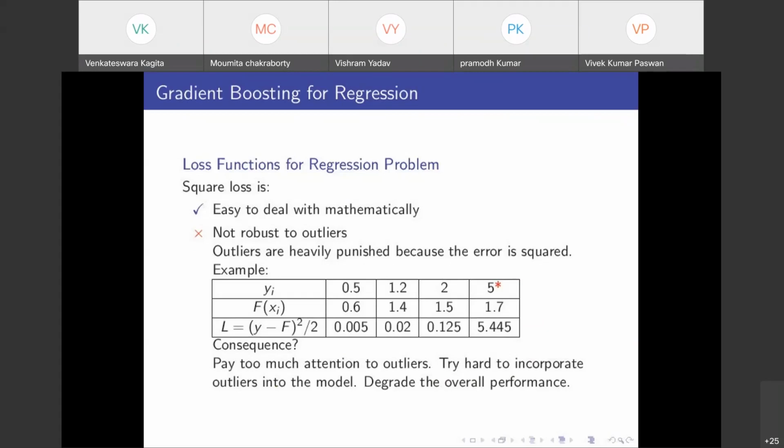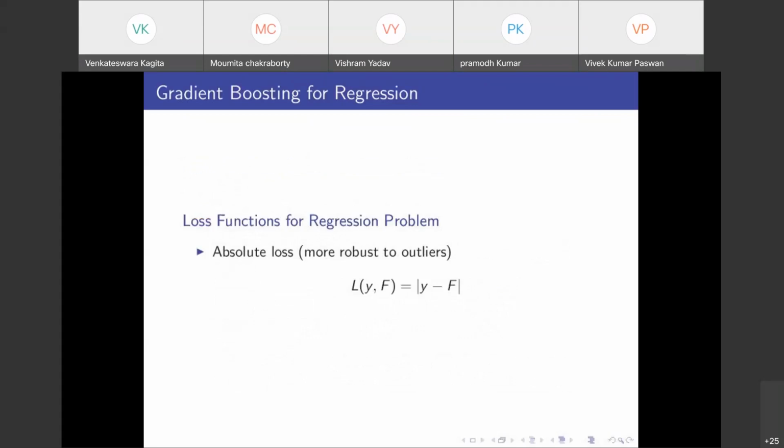That is the problem with punishing outlier points heavily: you pay too much attention to them, which internally degrades the overall performance of the model. That is the problem with the square loss function.